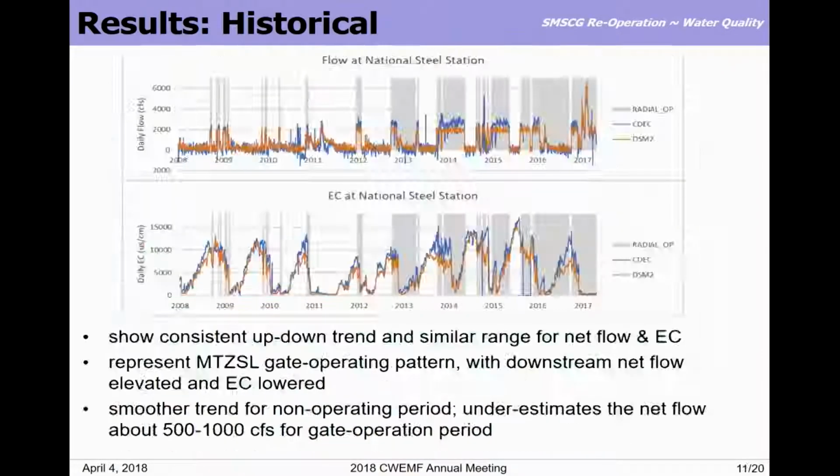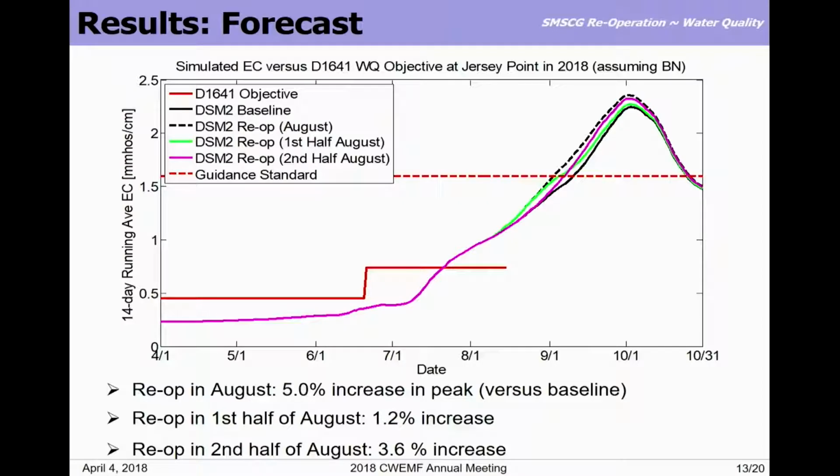So why does it happen in the forecast? That's because we're using low resolution hydrology, that's monthly, and also because it's a long-term forecast, right now about 5-6 months from now. It's not like what we usually do for the near term, where the operator has the capability to adjust the flow to meet the standard.